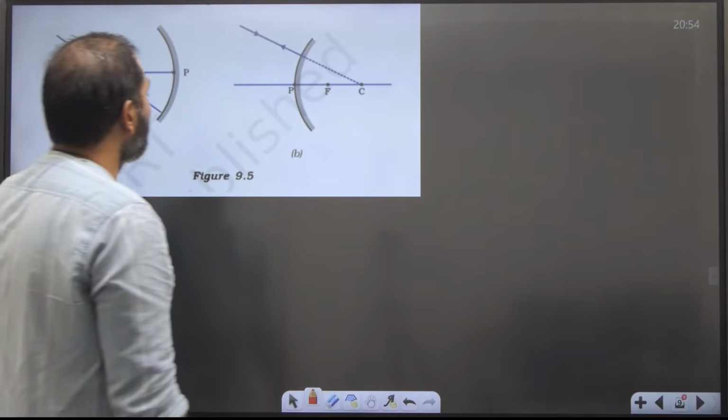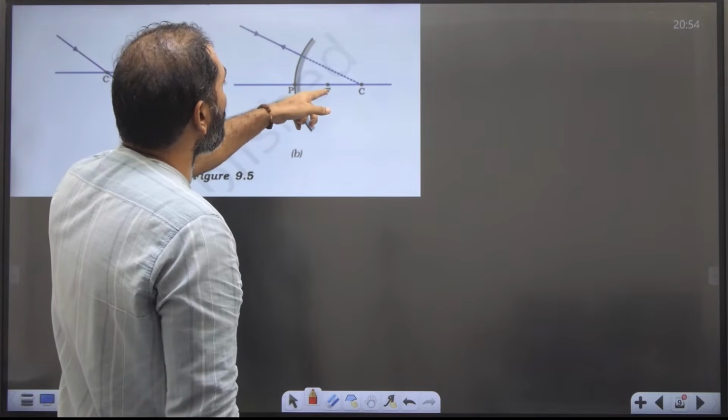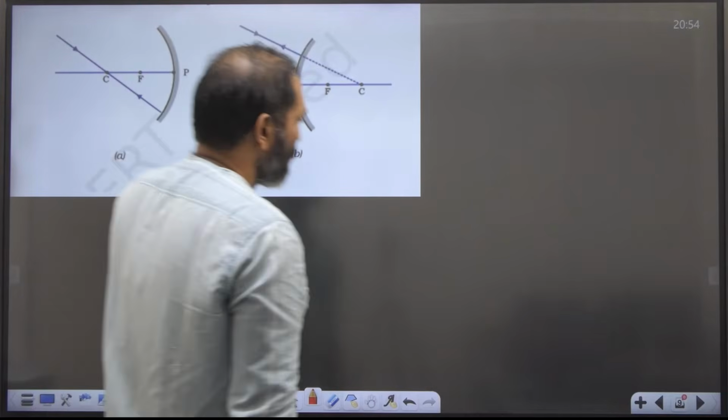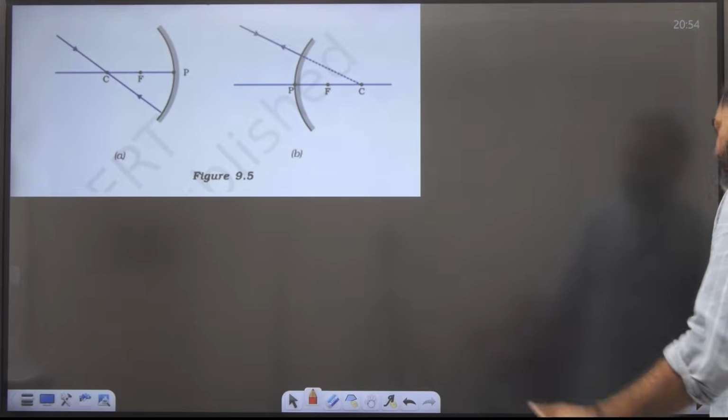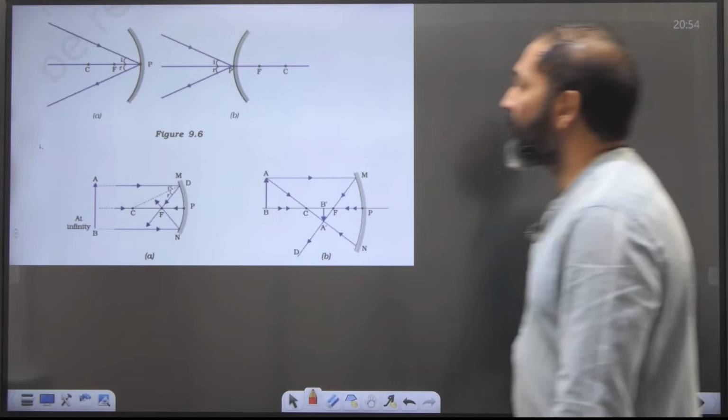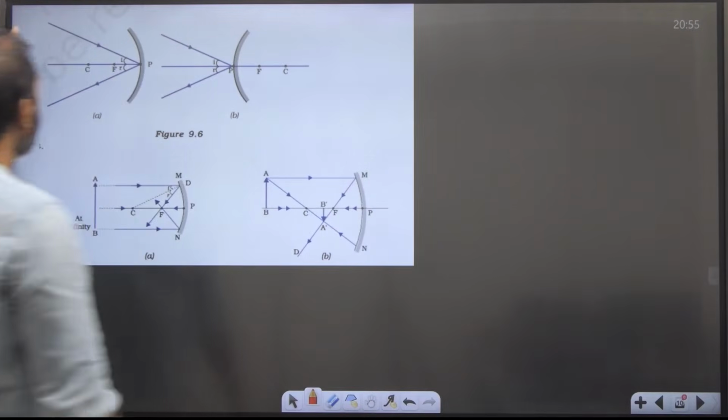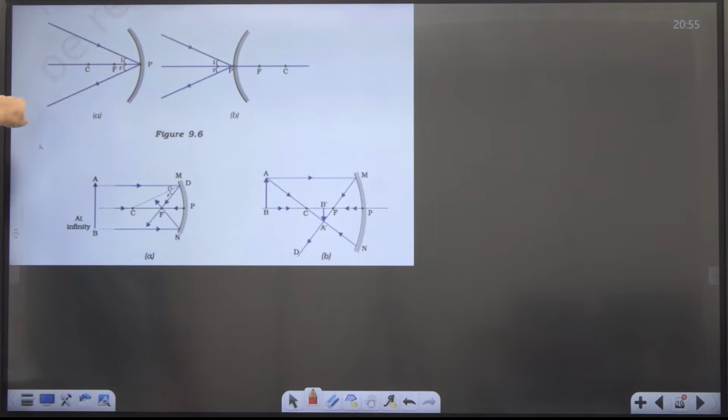This is concave, and the same thing happens in convex. You have to study this and draw this. Then a ray falling at the pole is reflected back; the angle of incidence is equal to the angle of reflection. Here the principal axis is the normal. That is the case of concave, and this is the case of convex.